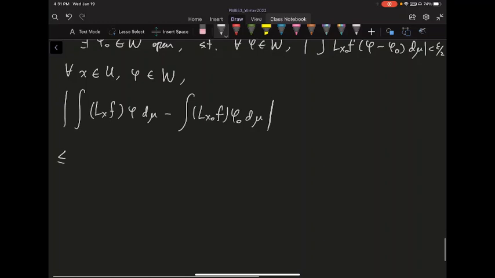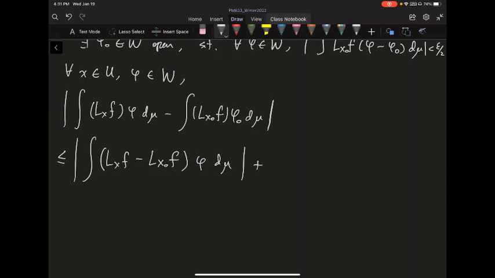It's going to be less than or equal to the first part, the integral of Lx f minus Lx0 of f, tested against phi d mu. And then the second part, now I have Lx0 f fixed, so the integral of Lx0 f times phi minus phi 0 d mu. This is just the triangle inequality.